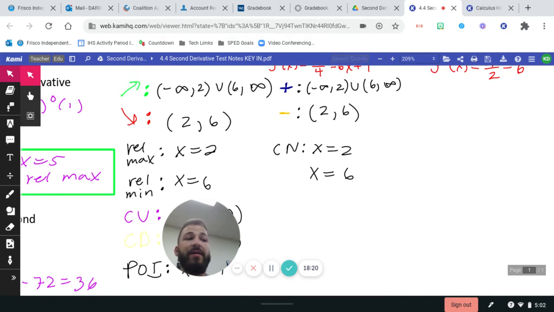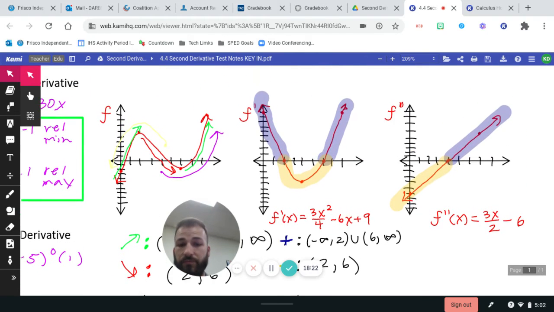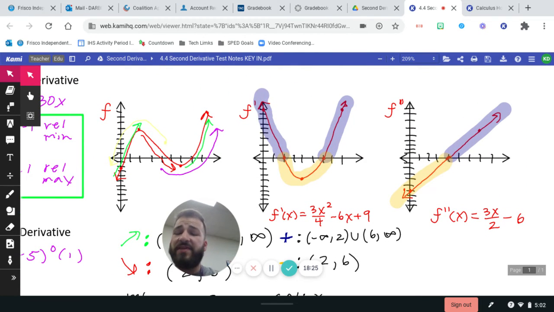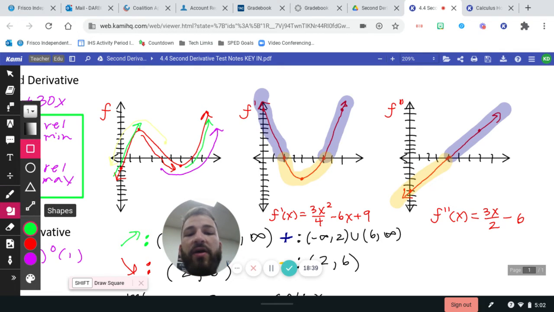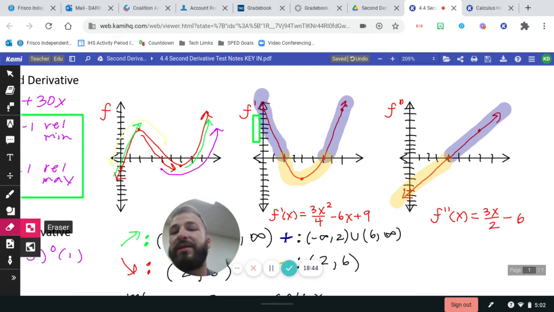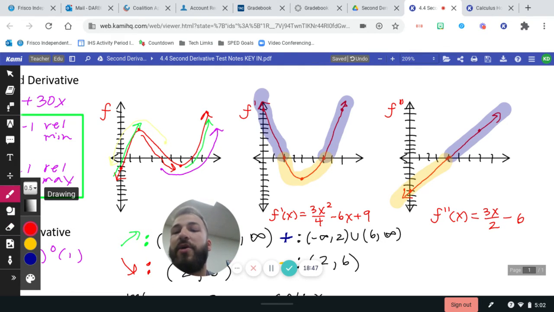Okay. Then, last but not least, F prime, just like F is increasing, decreasing, and has concavity, F prime also is increasing, decreasing, and has concavity. So I want you to notice on F prime, F prime is decreasing from negative infinity all the way until about 4 right here, which lines up with where F double prime is negative.